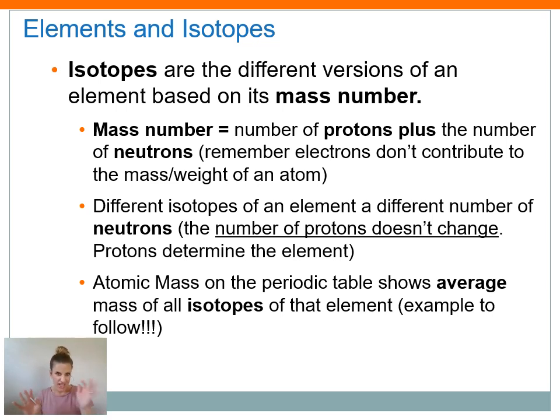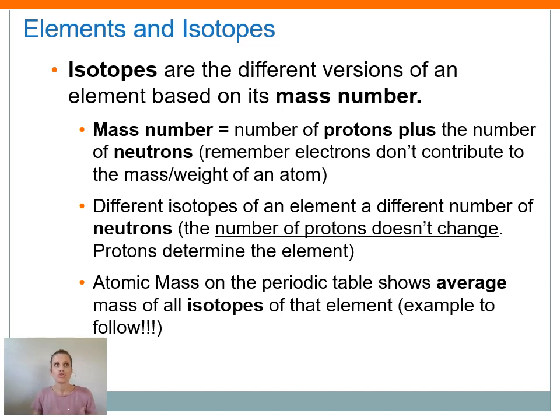Okay, electrons are tiny. So when we look at the mass number, when we look at the weight of an atom, that's the number of protons plus the number of neutrons. Now, different isotopes or different versions of an element have a different mass, they have a different weight because they have a different number of neutrons.